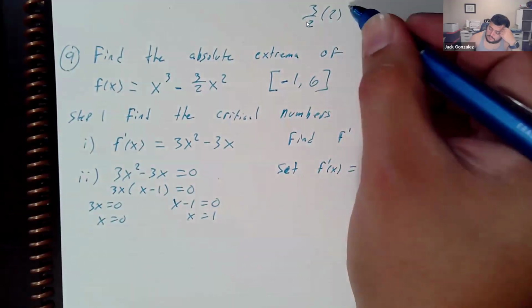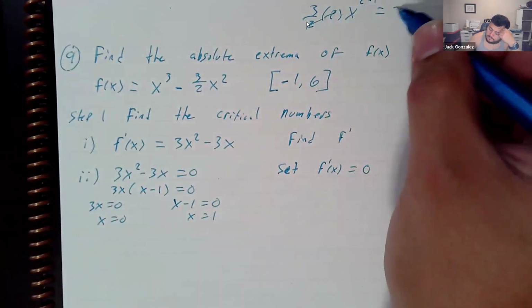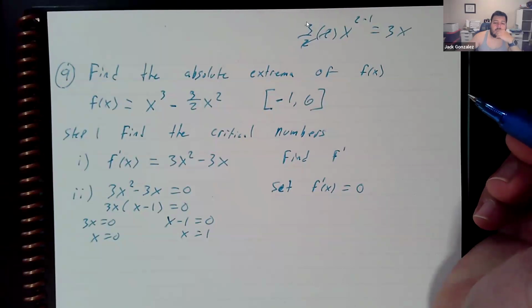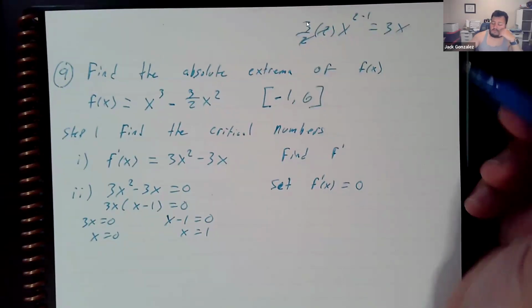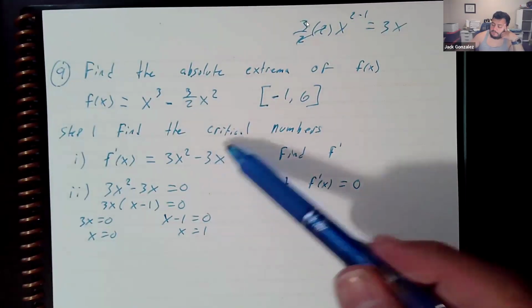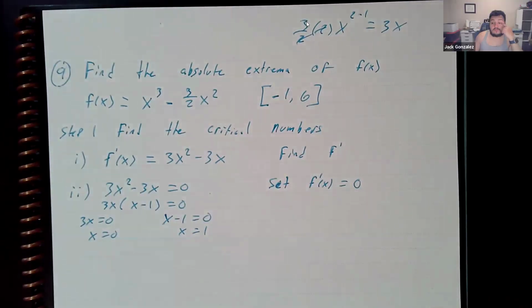You bring the 2 down, 2 minus 1. You see what I mean? That's what happened to this part here. All right, I'm gonna take a picture. Uh-huh. So we're just doing the power rules. That's all. It's just that the power rule is being multiplied on a fraction. So it'd be 3/2 times 2.